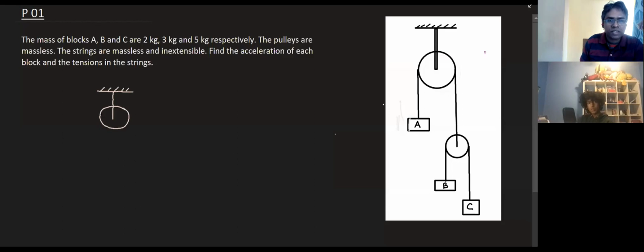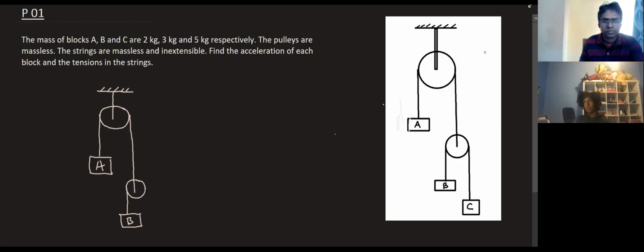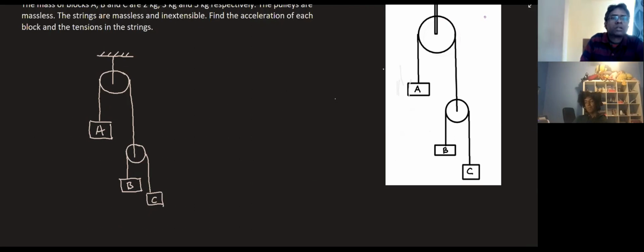Okay, so let me draw this again here. This is A, B and C. Now if you consider that block A is moving up with acceleration, then the pulley will also move with the same acceleration but in the downward direction.